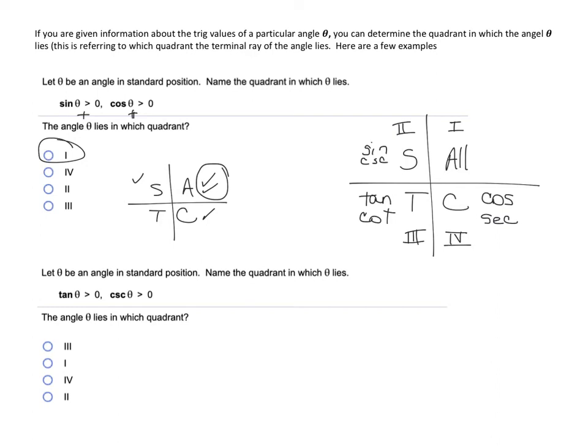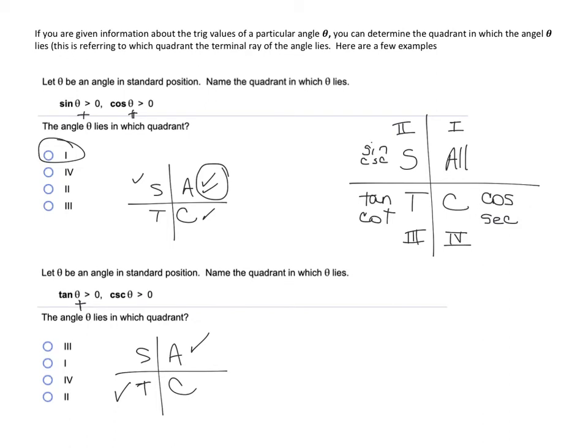Now let's look at the second example. Same thing. We're going to use our all students take calculus. Let's see what we have. We have tangent is greater than 0. Remember, that represents positive. So where is tangent positive? We know it's positive right there with the T, and we know it's positive in quadrant 1. That's the first one.